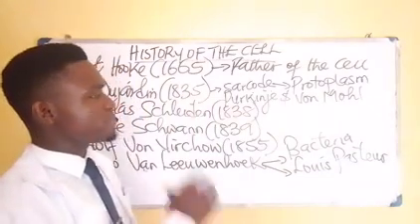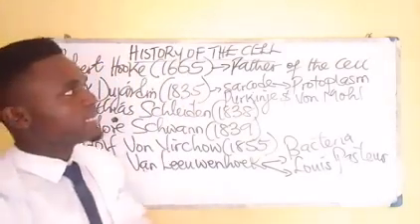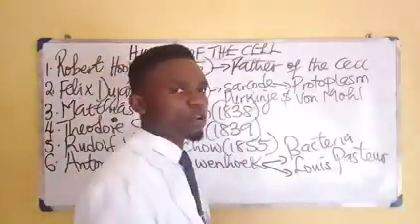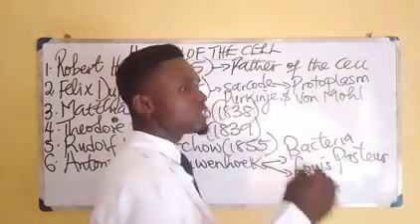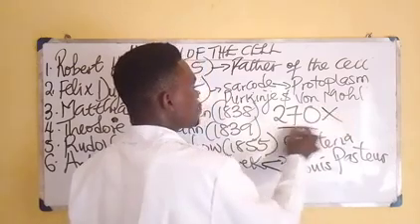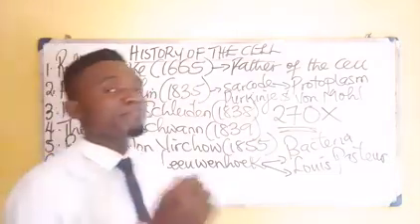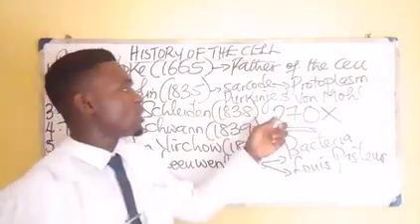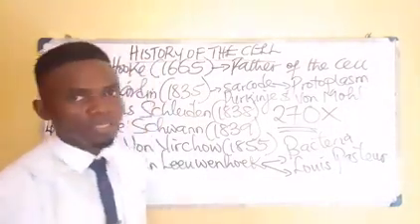He's also the person that discovered bacteria and is known as the father of microscopy because he discovered a compound microscope that has a magnifying or resolution power of 270 plus times, as the case may be.